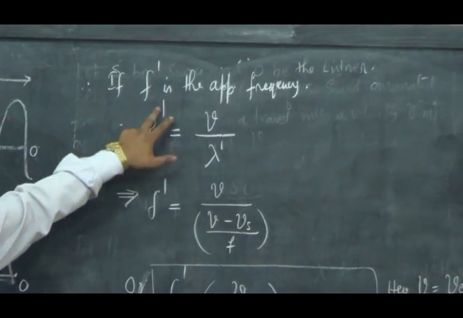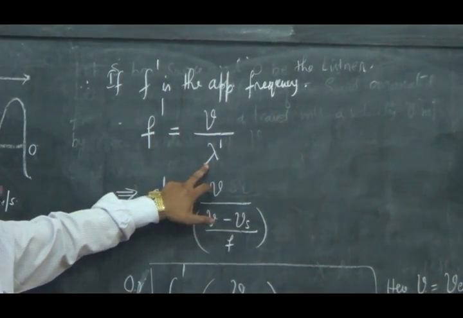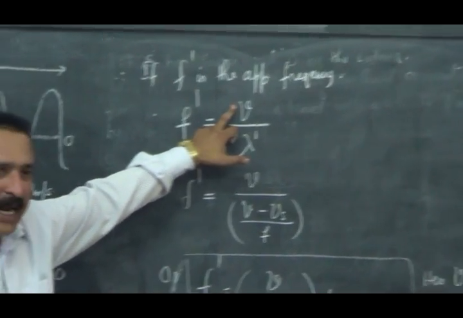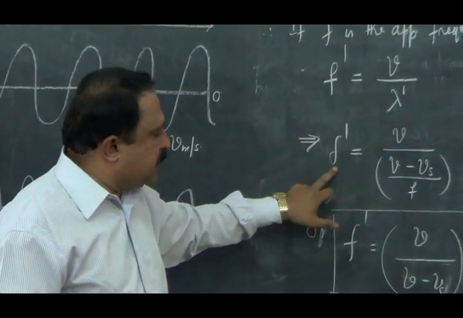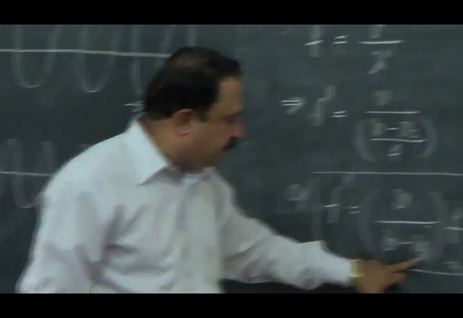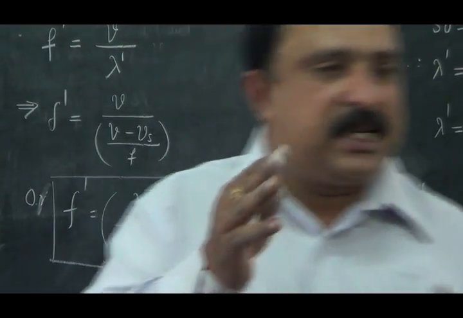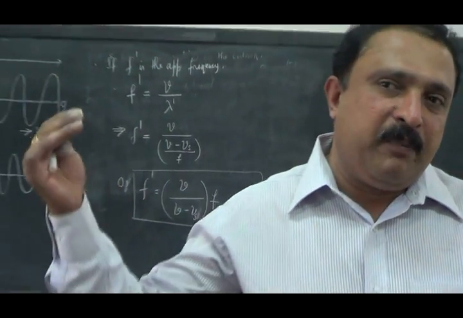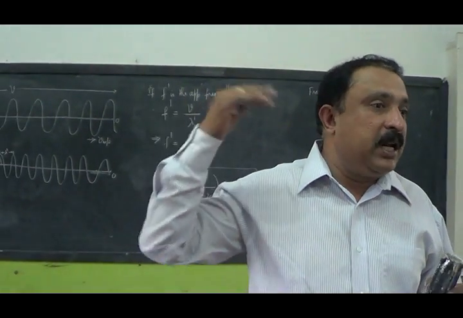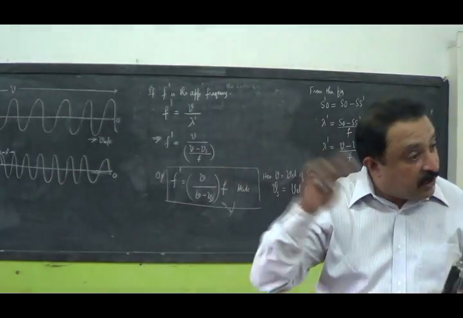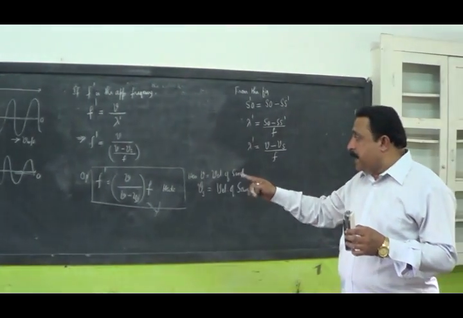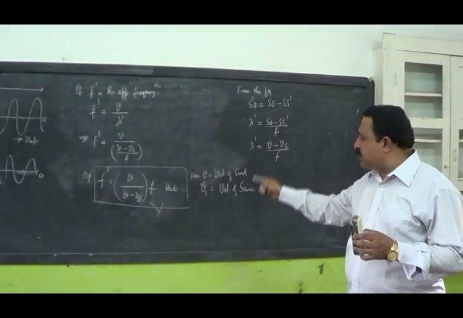Apparent frequency is F dash equals V by lambda dash, where V is the velocity of sound in air. So F dash is V by (V minus Vs) into F hertz. So the person standing on the railway platform will perceive V over (V minus Vs) into F hertz.